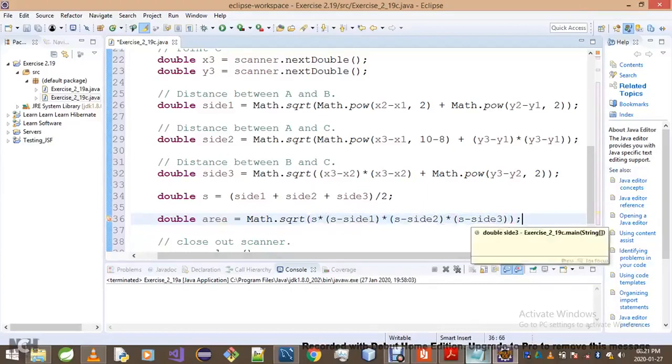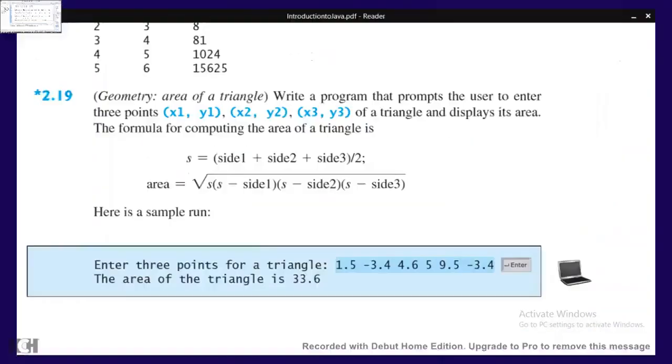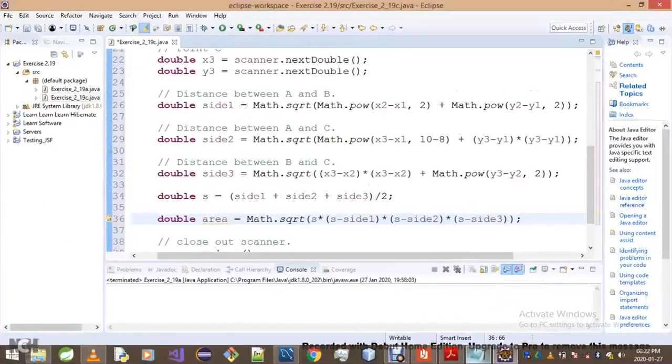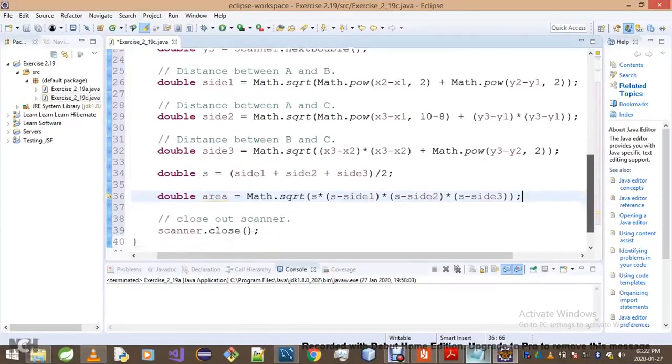Are we good? Of course we are. Let me double check it. It's s into s minus side 1, s minus side 2, s minus side 3. It seems like we're good.